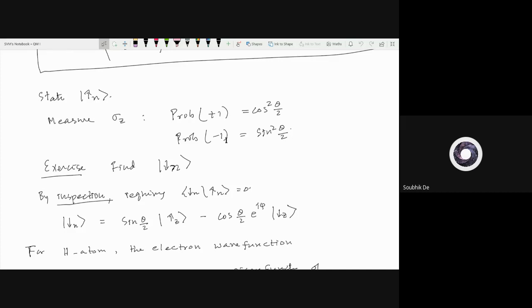Is there a possible down state then? That is not a different state. What I'm trying to say is if you put e to the power i phi, sine theta by 2 up z, and e to the i phi, it will not be orthogonal.